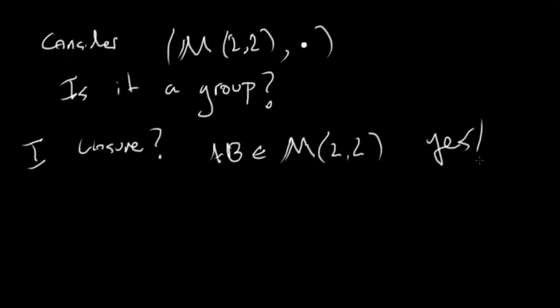So we are closed. 2 by 2 matrices with multiplication, we're closed. When you multiply, you get rid of the inner dimensions. If one matrix is 2 by 2 and the other is 2 by 2, the final matrix is going to be the outermost dimensions: the rows from the first matrix and the columns from the second. So this will still be 2 by 2.